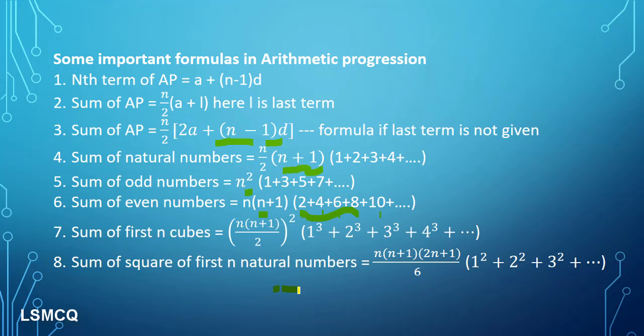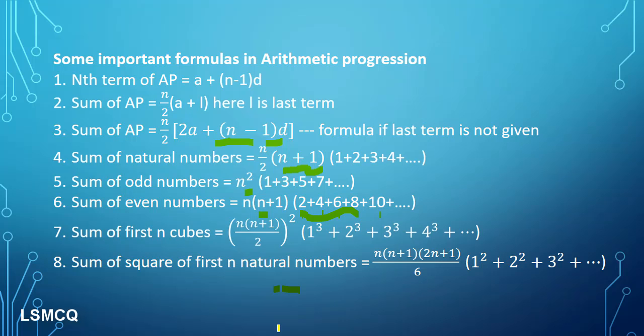The last formula in my list is the sum of squares of the first n natural numbers. Natural numbers start from 1: 1, 2, 3, 4, 5, 6, 7, 8. These are called natural numbers, and their squares are 1 square, 2 square, 3 square. And if you want the sum of these, the sum of squares of the first n natural numbers is this one, n into n plus 1 into 2n plus 1 by 6.